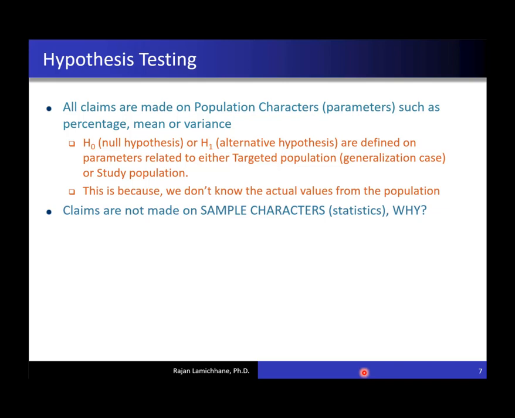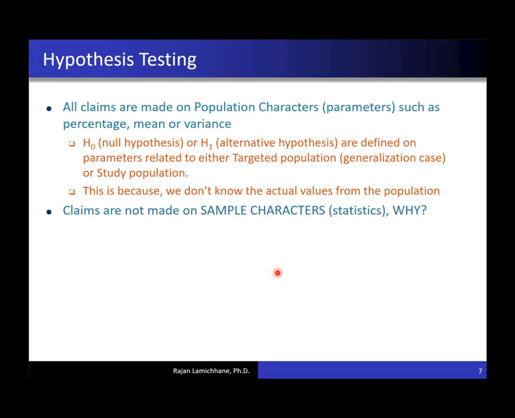It means the population characteristics, like the average height of all US adults or the percentage of smokers among US adults, are usually unknown, and that's why we need to make claims on those unknown values. All these hypotheses are defined either on the targeted population, which is the generalization case, or the study population, whatever population you are studying.